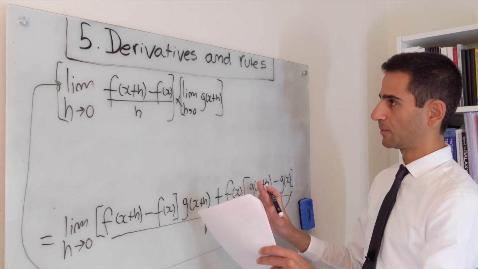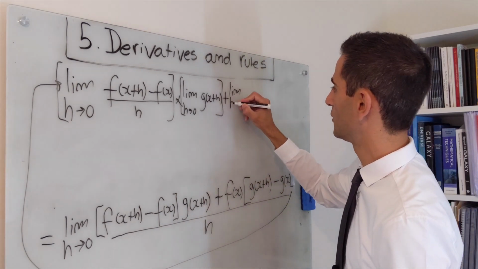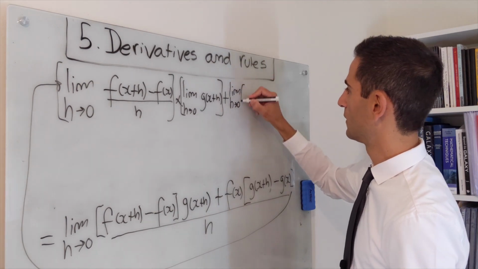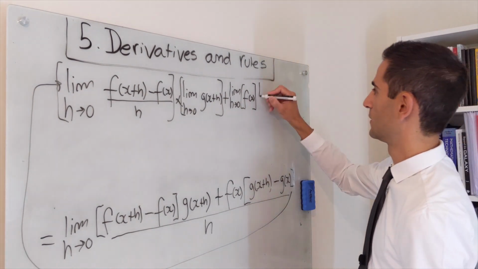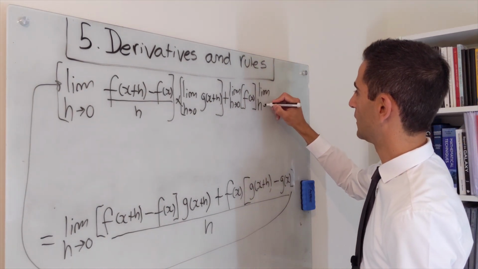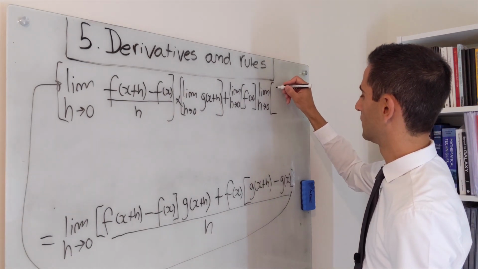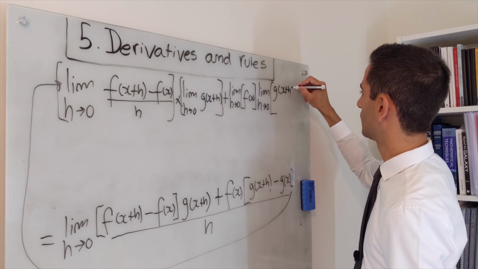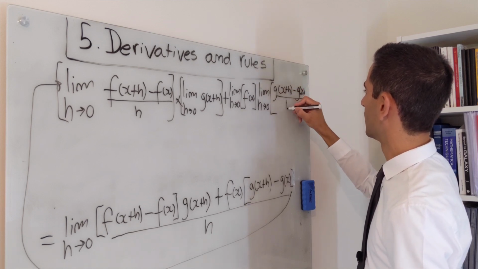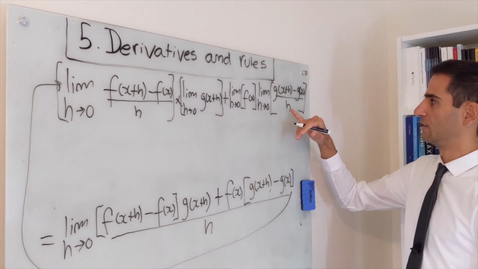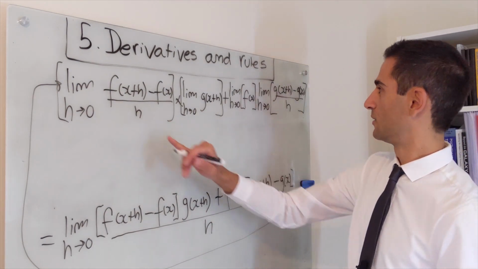We're now going to split it up with the sum property, plus the limit when h goes to 0 of f of x, times the limit when h goes to 0 of g of x plus h minus g of x over h. We're keeping the h's here. It's all mathematically correct. Same thing here.